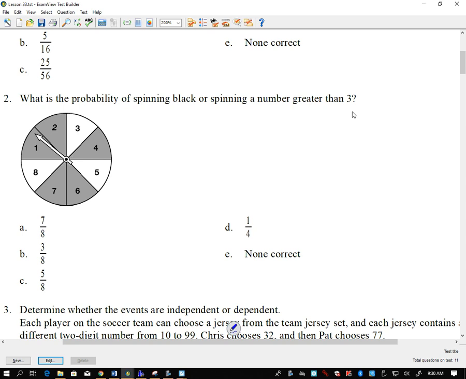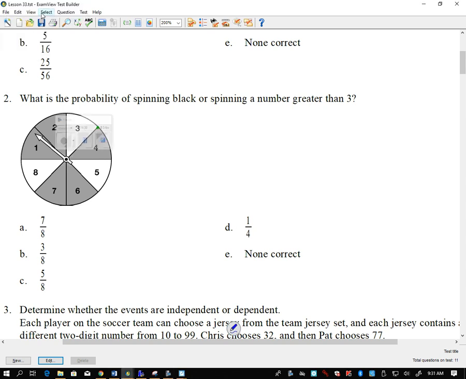So what might be the possibility was the probability of spinning black or spinning a number greater than 3. Let me hit pause on this for a second because I want us to understand what you're saying.